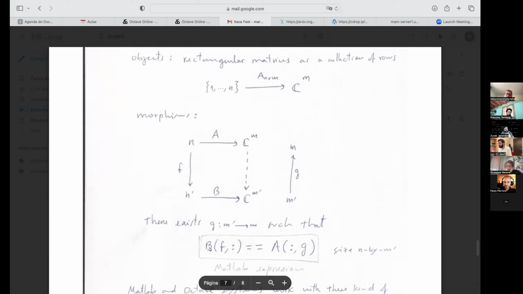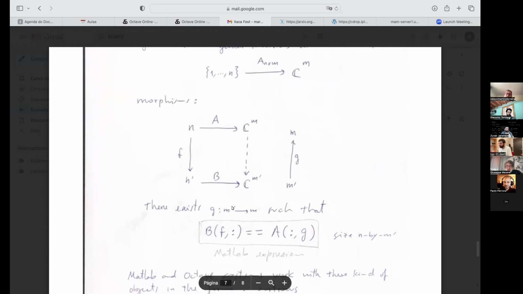It is just saying that this matrix is equal, and in MATLAB equal is this sign, to this one. So this is a valid MATLAB expression. You can say that the morphisms are triples, A, B, F. A and B are matrices, and F is just this indexing function, for which there exists G, such that this expression is a valid MATLAB expression.